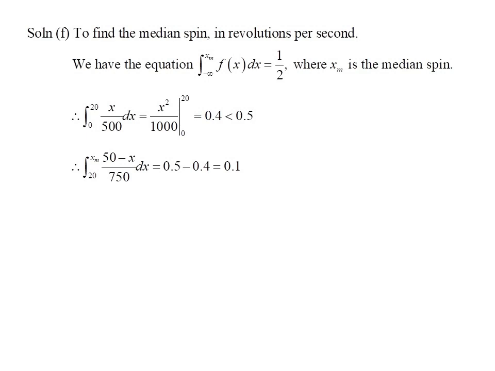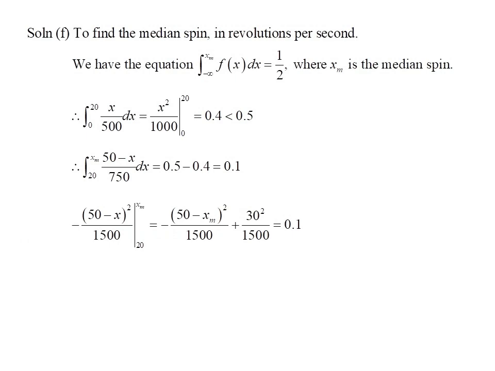By integrating the left side, we have negative (50 minus x) squared over 1500 valued from 20 to x sub m equals negative (50 minus x sub m) squared over 1500 plus 30 squared over 1500 equals 0.1. Solving the equation gives x sub m equals 22.6 revolutions per second.